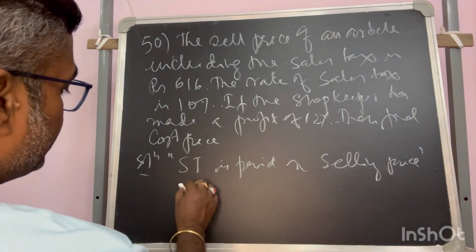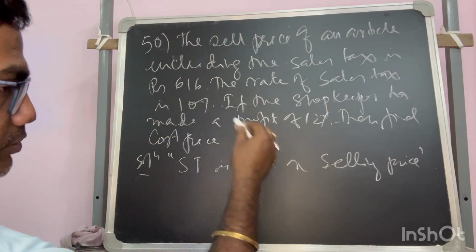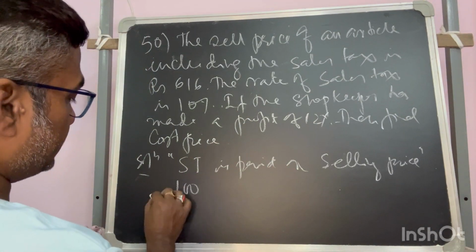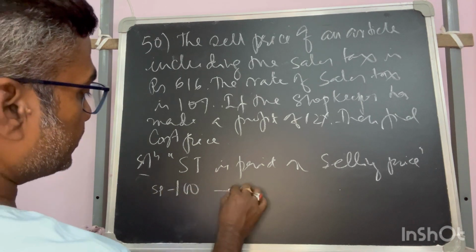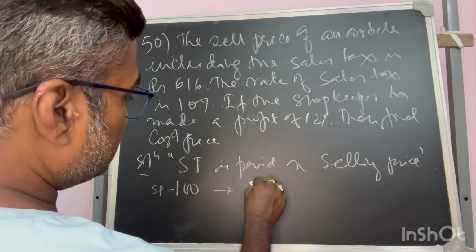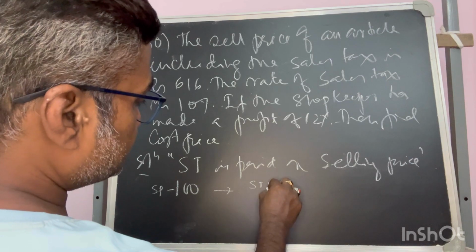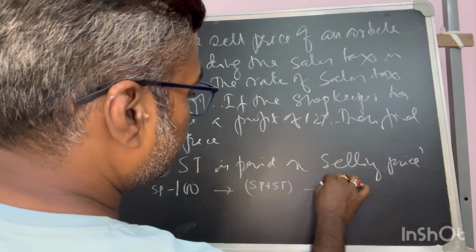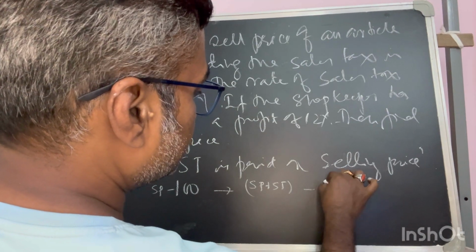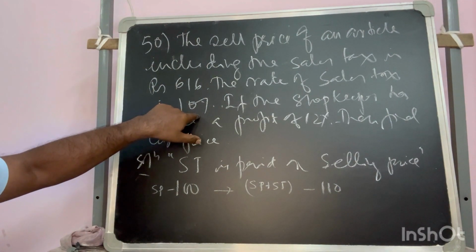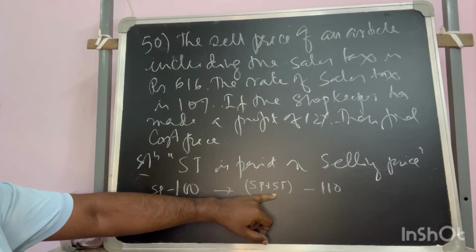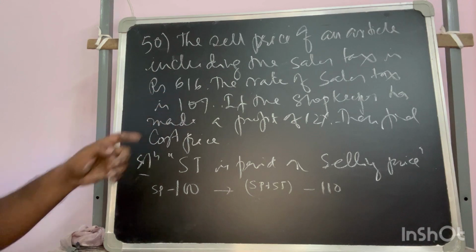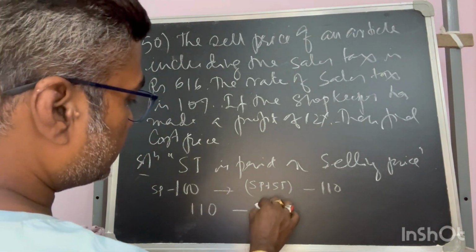So that means if I go with the unitary method, if the sale price is 100, your final cost, meaning selling price plus sales tax, will be 110, isn't it? Because 10% is the sales tax being added on the sales price. So 110 against 100.